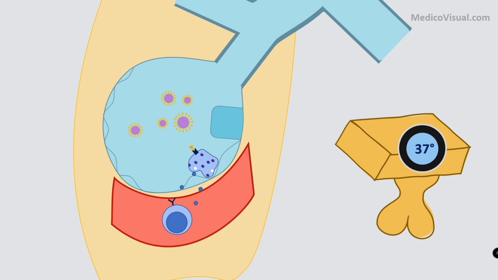Normally our thermostat is set around 37 degrees C. What these interleukins and other cytokines will do is affect this thermoregulatory center and alter the thermostat. It will increase it from, let's say, 37 to 38. So there will be fever.